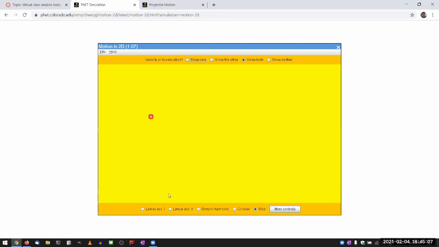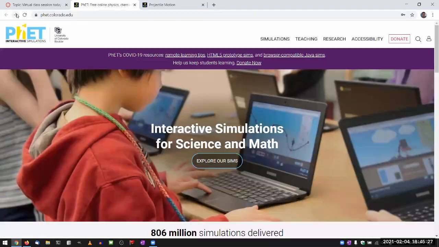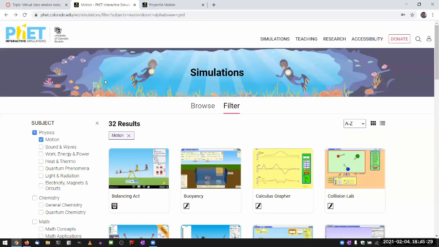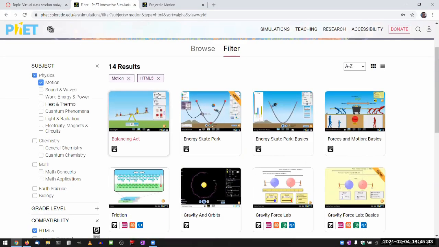This feels super slow, but anyways, maybe I'll come back to this after a bit of playing with the projectile motion simulation. But I wanted to show that, in order to get access to this simulation, you have to go through that trick of turning off one of the filters, which is there by default for a good reason, because the ones that are not HTML5 take a little bit of effort to get to work.